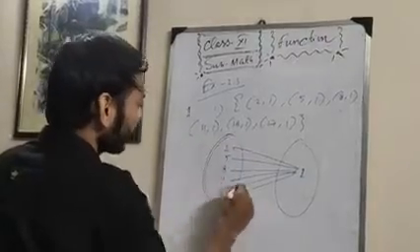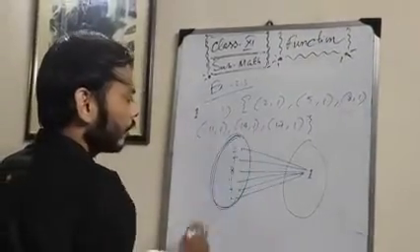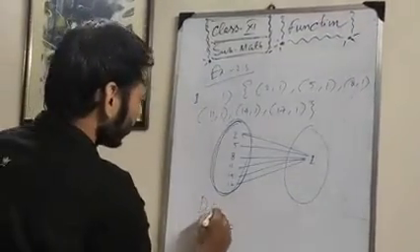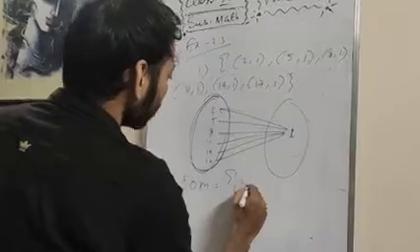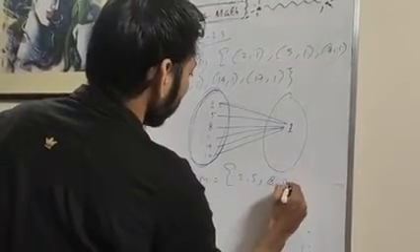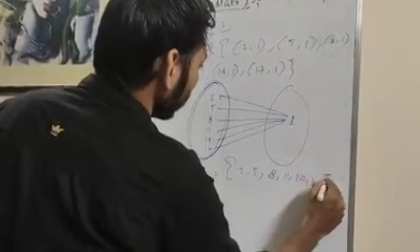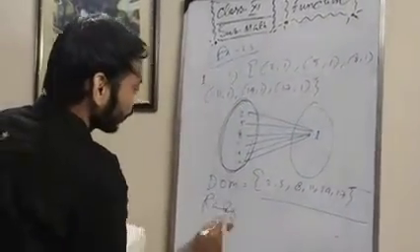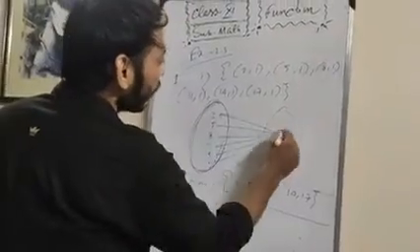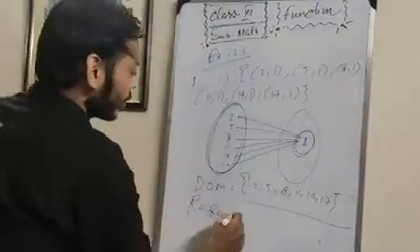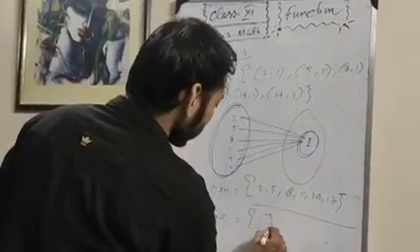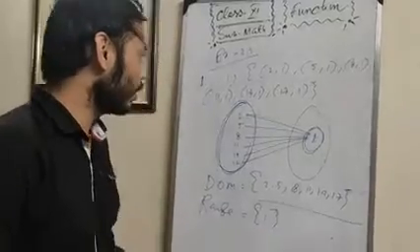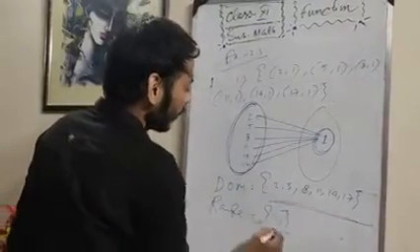Because f covers all the elements of the domain and assigns each to a unique element of the codomain. The domain is 2, 5, 8, 11, 14, 17. The range set: all go to 1, so the image is only 1. So the range set contains only one element, the singleton {1}. This is the domain and this is the range set.